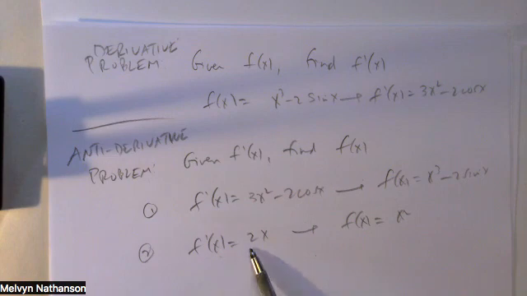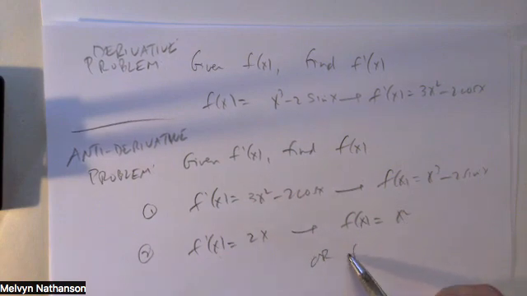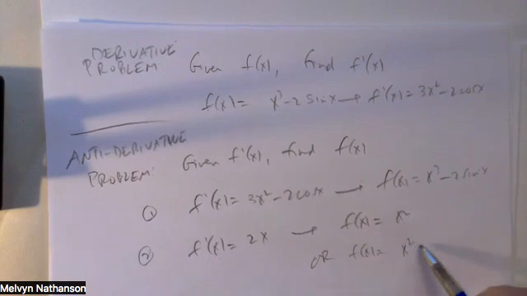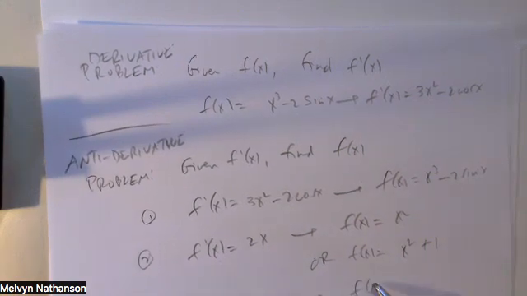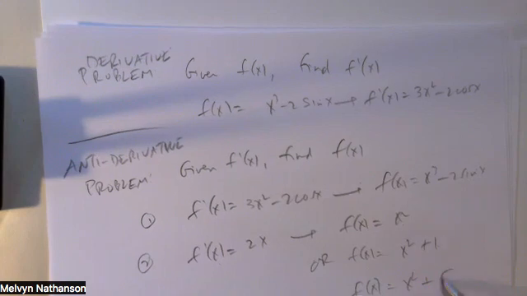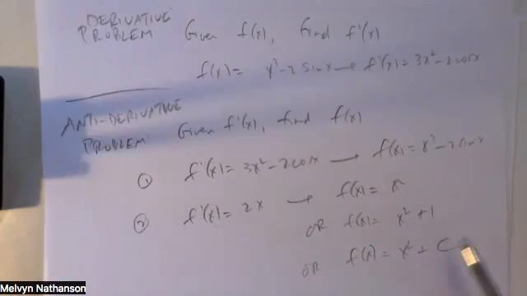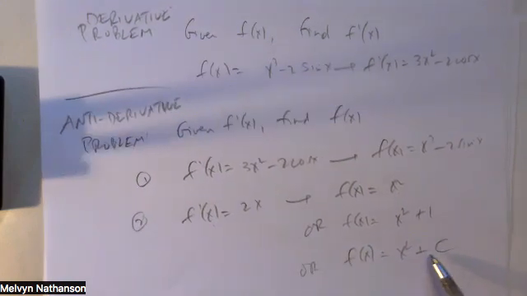If the derivative is 2x, the function could be x squared. Or it could be x squared plus 1, because the derivative of 1 is 0. Or it could be x squared plus any constant c, because the derivative of c is 0.